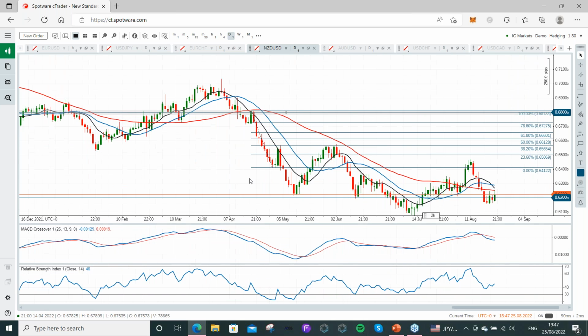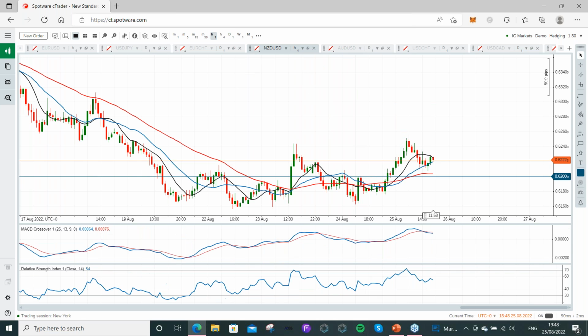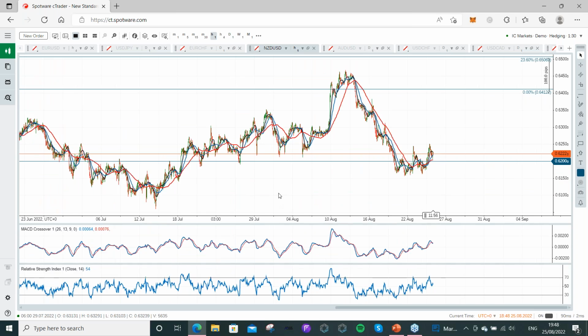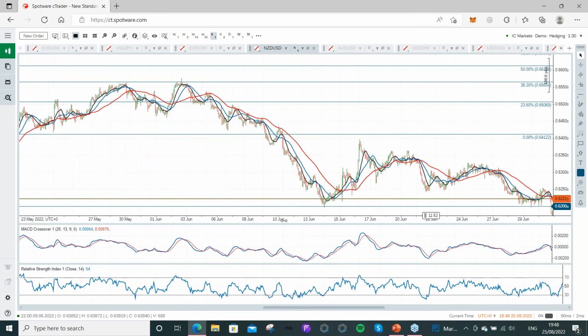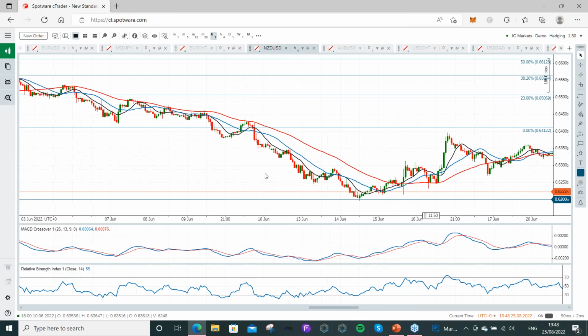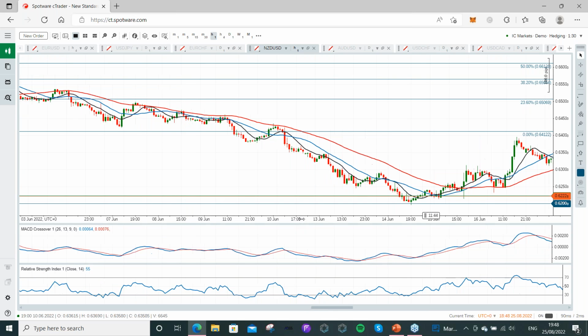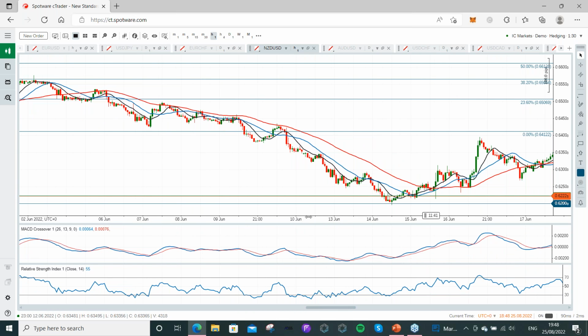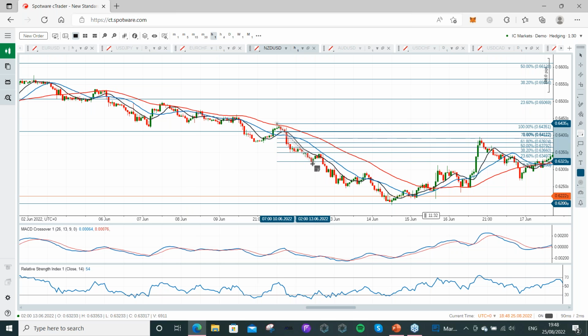So if we look at this bit of trend that we were looking at on the hourly time frame, for example, over here is a nice trend on the hourly time frame, and you can do exactly that. Take a look at, for example, here, from the top of this move to the bottom, and then you've got your Fibonacci levels.